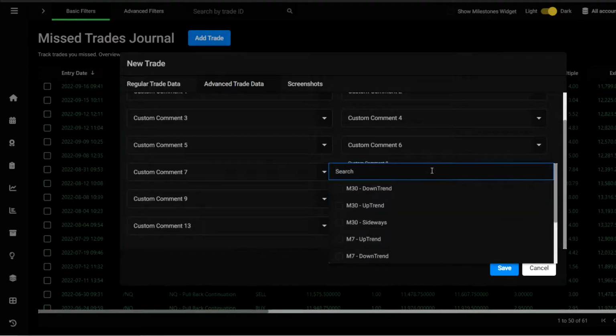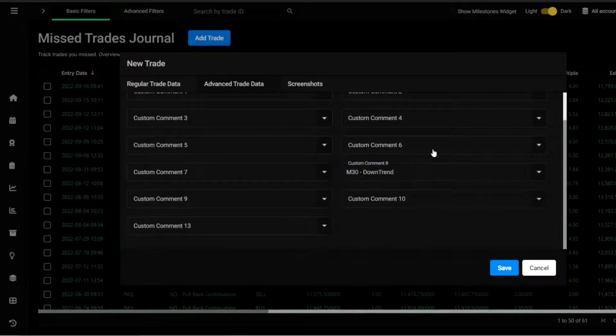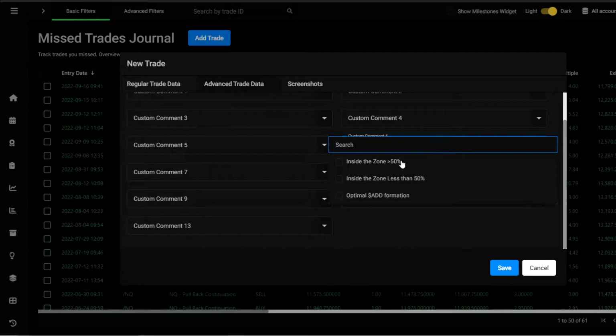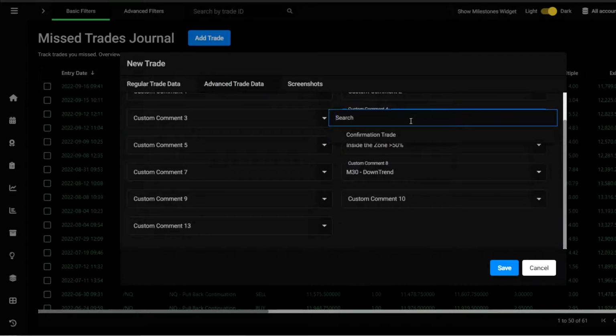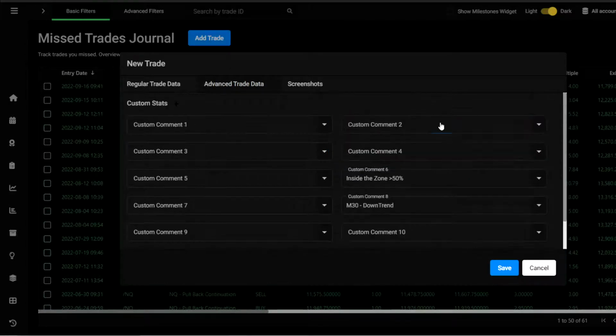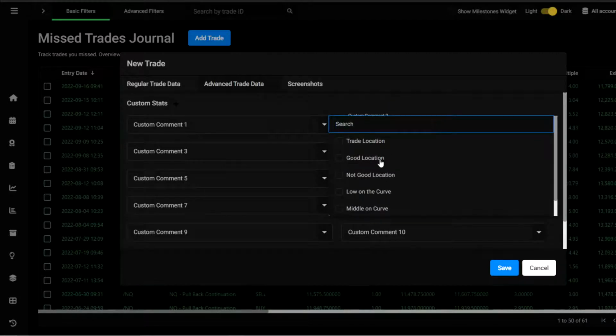Not relevant. The 30-minute definitely downtrend. Inside the zone more than 50%. Confirmation trade not limit. Trade location not a good location. We're breaking to the downside.